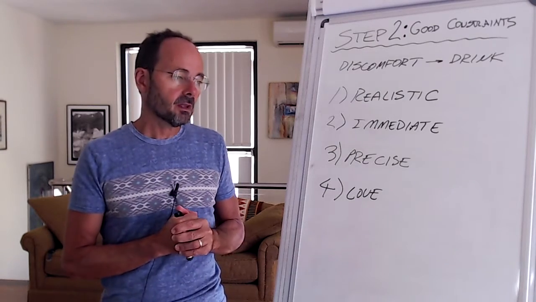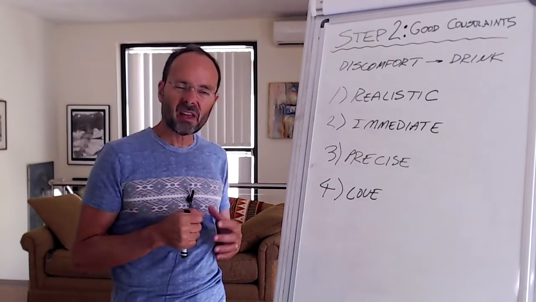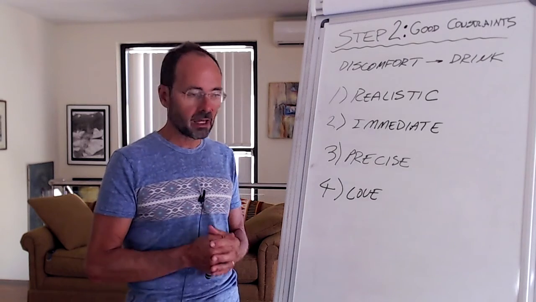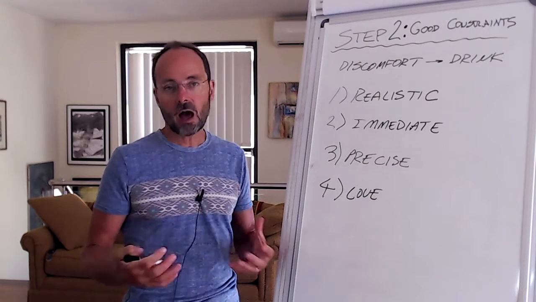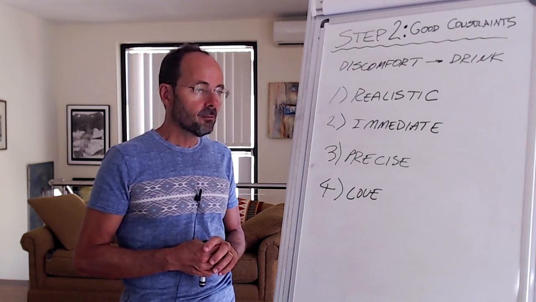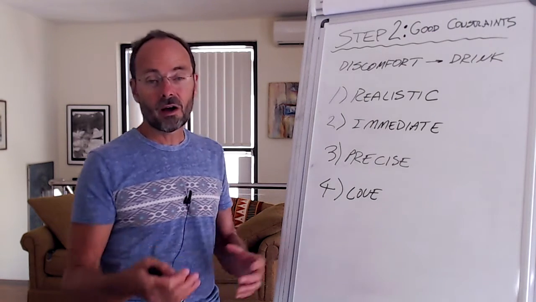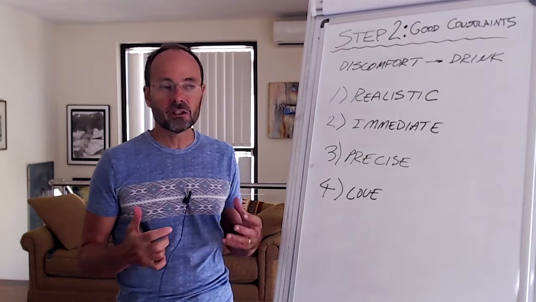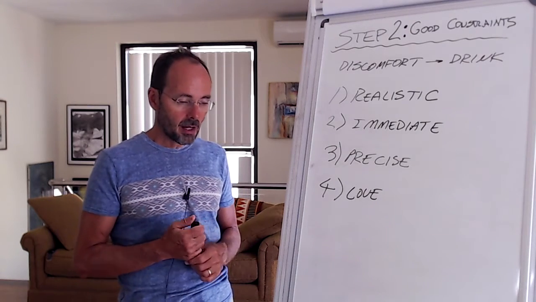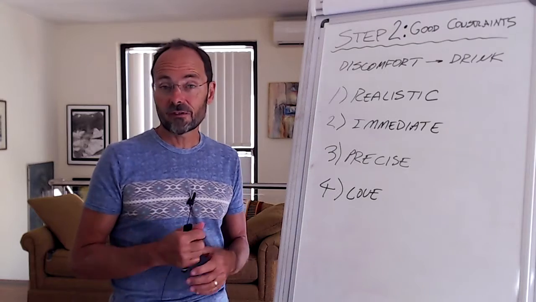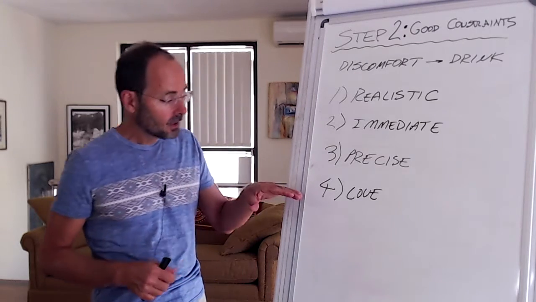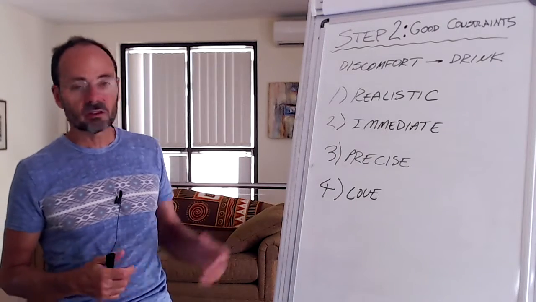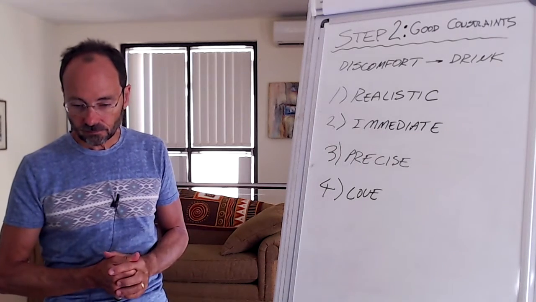If you set these constraints from a place of punishment and self-loathing and other negative emotions, they're going to have a lot less power. When tomorrow comes and you're dealing with the constraint, that emotion, that energy is going to be present. It's going to feel like a punishment. You may feel rebellious. So if you really take care of the attitude with which you set these constraints, it's going to make a difference.